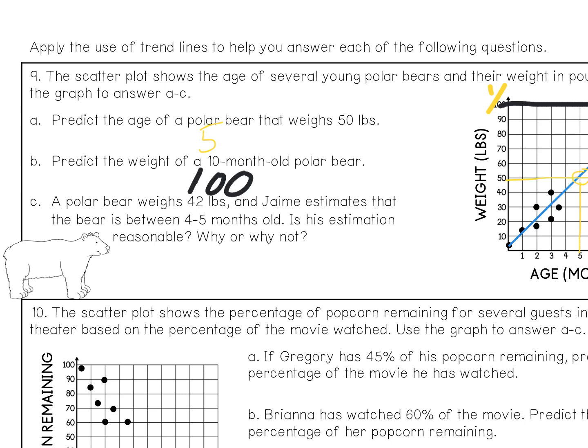Yes. Why? Because if you have 42 pounds, it crosses over at about the 45 number, or like it connects right there on the line. Because what connects? The dot and the trend line. Okay, the trend line matches at 4 to 5.